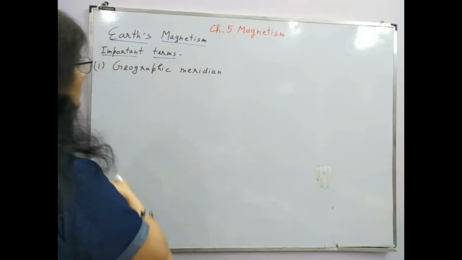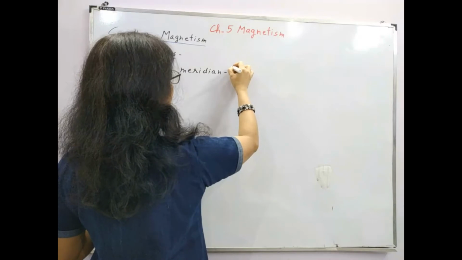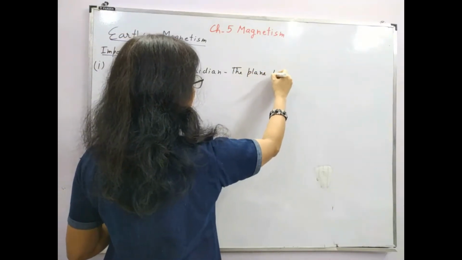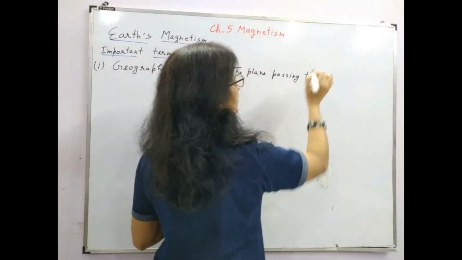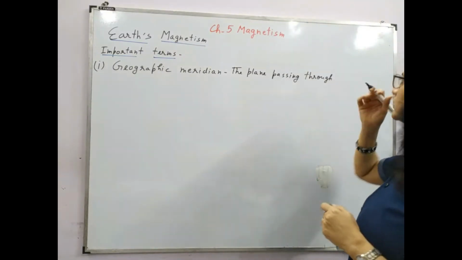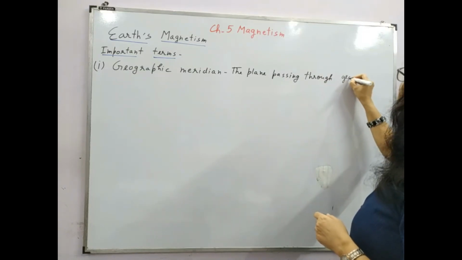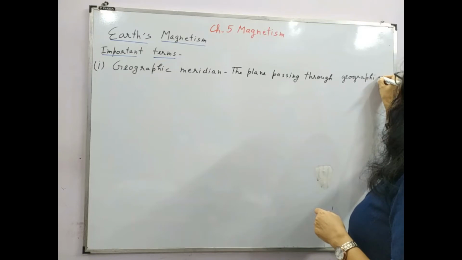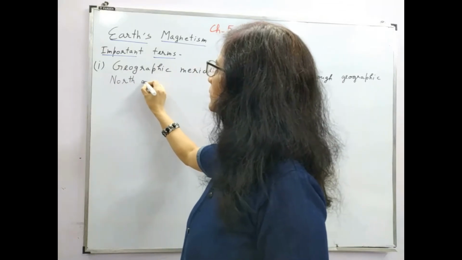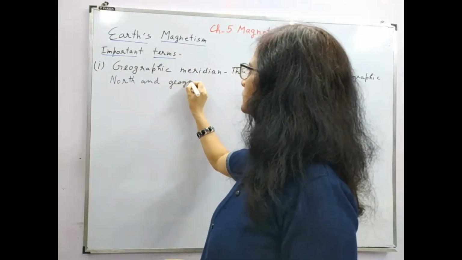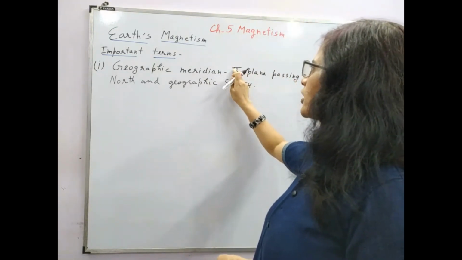So we can write: the plane passing through geographic north and geographic south. This is called the geographic meridian.